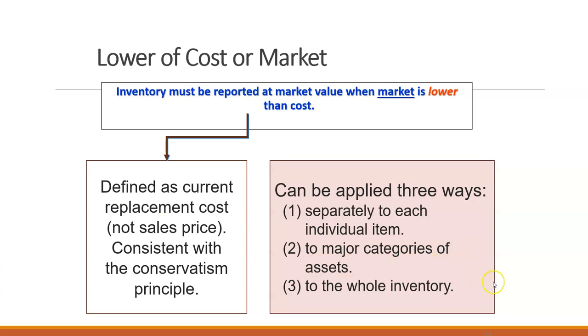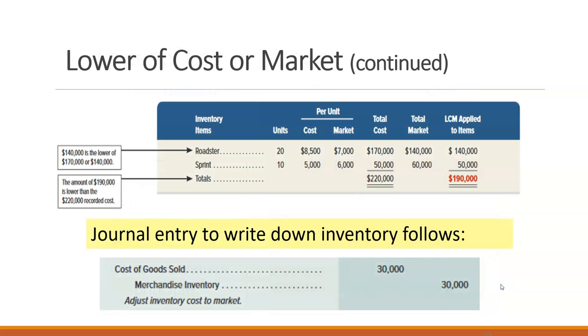When we're looking at applying this rule, we have an example here. We have two types of inventory items, a Roadster and a Sprint. So we've done some assessment and we have its historic cost and its market cost. The Sprint has a higher market cost than the historic cost, but the Roadster has declined in value in the market.